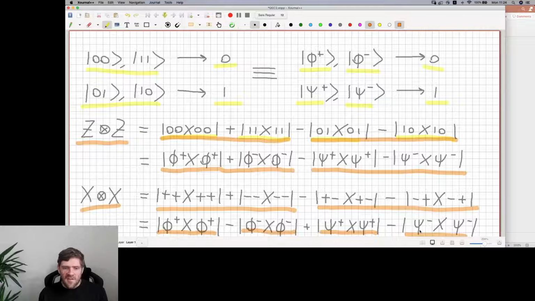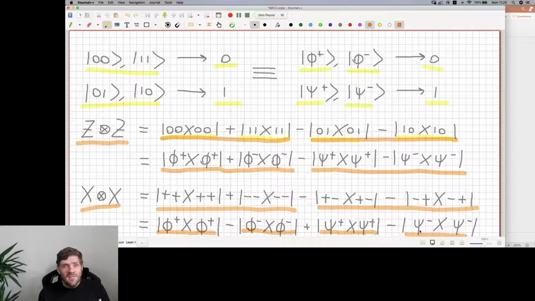So if we had, for example, the state phi minus, then when we made a ZZ measurement, it wouldn't collapse that state, wouldn't affect that state, it would just say 0. And if we were to then do an XX measurement, it wouldn't mess up the state at all. It would just with definite certainty give us the outcome 1. And then if we went back to the ZZ, we'd still get the 0.